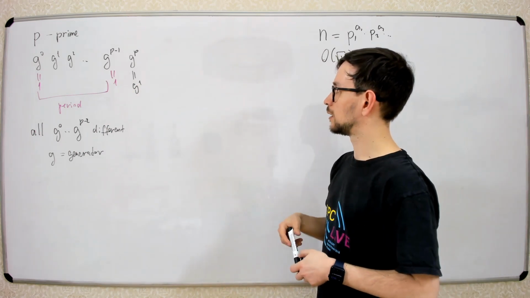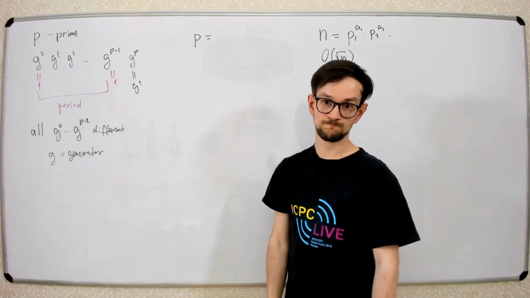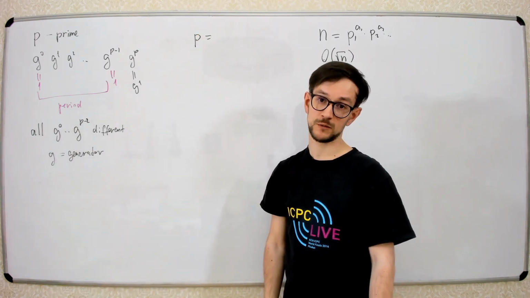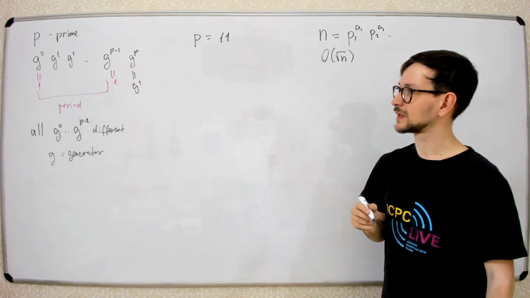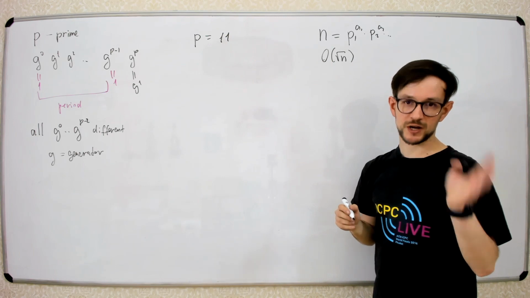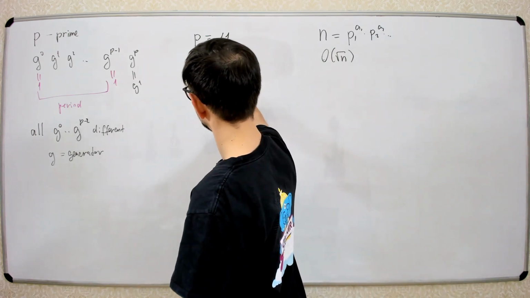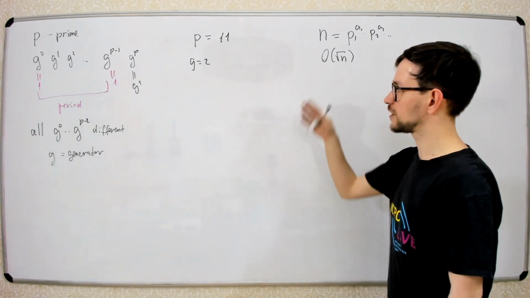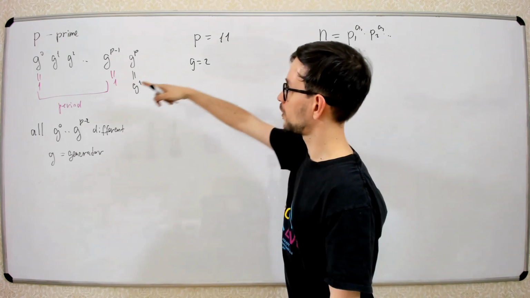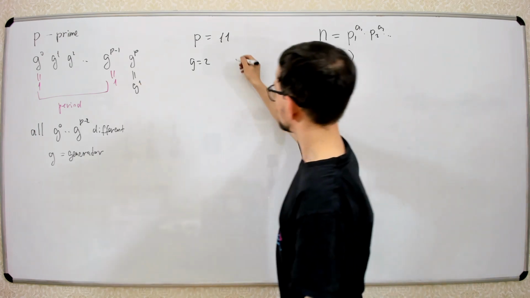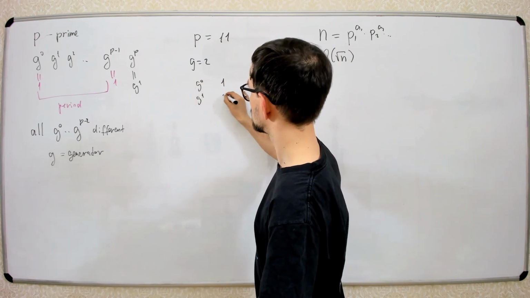Well, for example, let's take the prime number 11. Now let's take a number and check if it is a generator. For example, let's take the number 2. Is 2 a generator modulo 11? Let's calculate all powers of 2. Power 0 is 1, power 1 is 2, and so on.